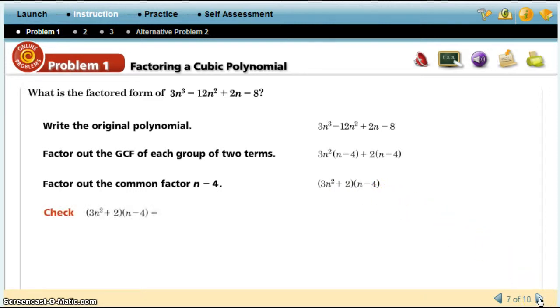Check your factors by multiplying them together. This is just basically FOIL method. Since this matches the original polynomial, these factors are correct.